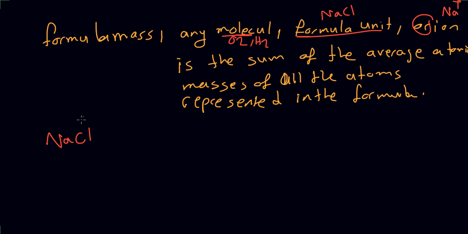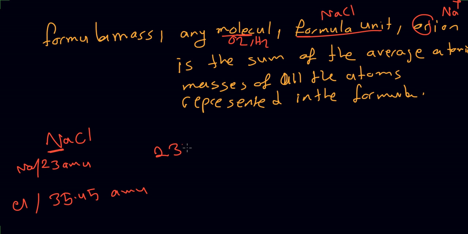NaCl, for example. Na is equal to 23 AMU. Cl is equal to 35.45 AMU. So the formula mass is equal to 23 plus 35.45, so the result is equal to 58.45 AMU.